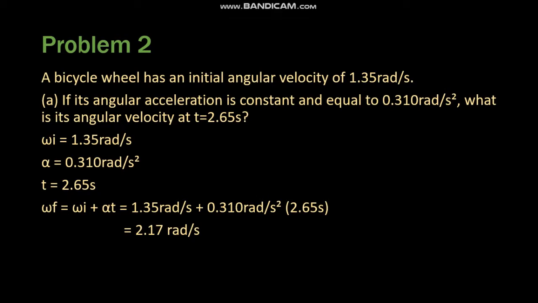And the problem is asking for the final angular velocity after 2.65 seconds has passed. So we use this formula out of the four because it's the most suited. We plug in the values: initial angular velocity 1.35 radians per second, plus angular acceleration 0.310 radians per second squared, multiplied by the time, 2.65 seconds.